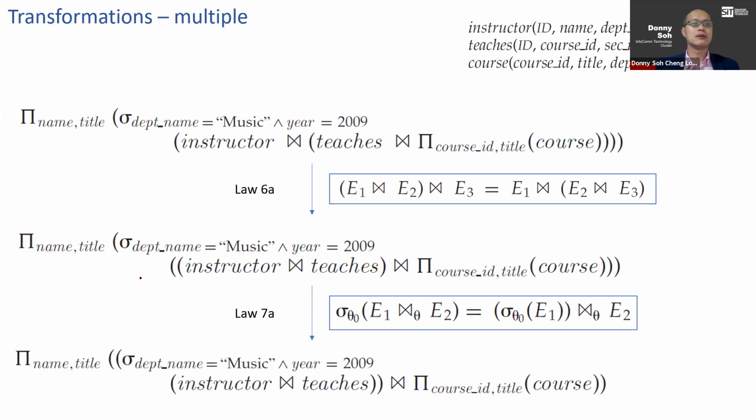Okay, let's look at the slightly more complicated one. Okay, so this will involve multiple transformations. Okay, maybe you take 1 minute to draw out the tree for the first expression.